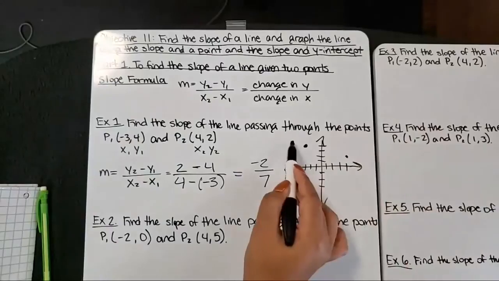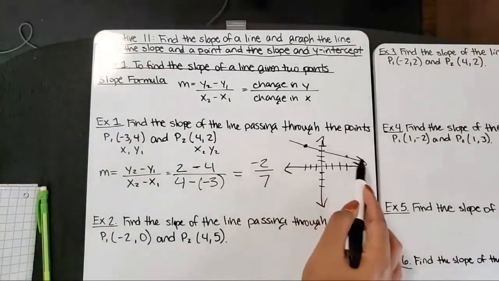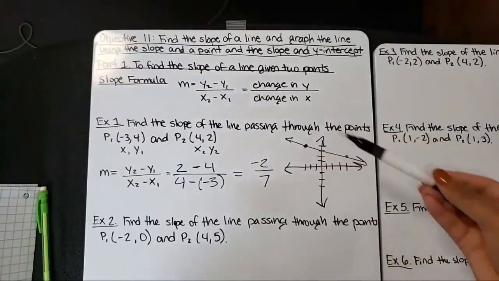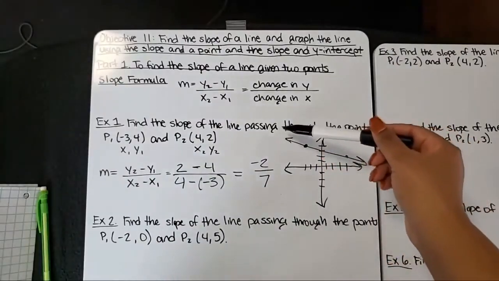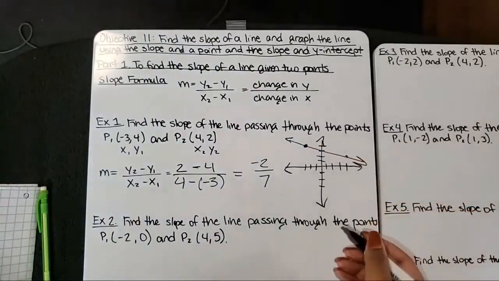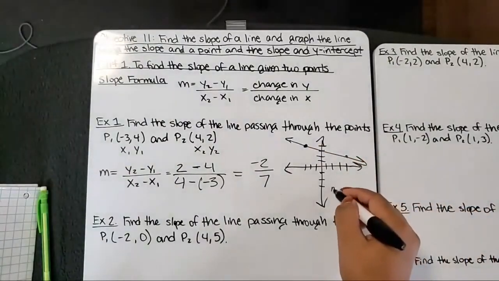Because this slope, from left to right, is going down, this is a negative slope.